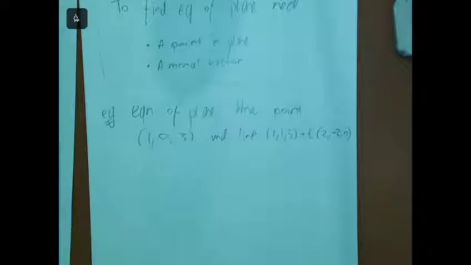Let me just check something. That would be a 1, which means that would have to be 0. Okay. Yep. Okay, good. Just making sure that point isn't on that line. Otherwise there'd be infinitely many planes through that point and that line.